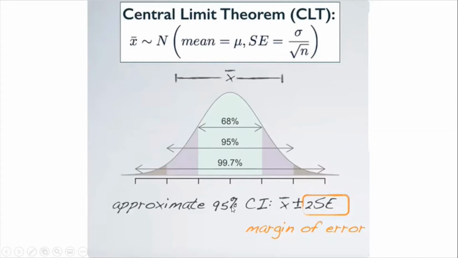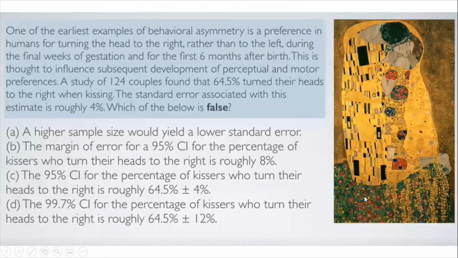That's why we call it 95%. We are only 95% confident that this will capture the true population parameter. The other 5% we're not so sure. So that is what it basically means.